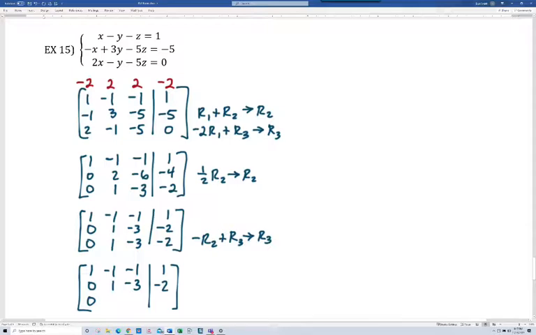Well, 0 times negative 1 is still 0. And then on the others, we're just going to switch the signs since we're multiplying by a negative. And so now when we add, we're going to get all zeros, aren't we? And so we get 0 equals 0. This is the case where we have infinitely many solutions.